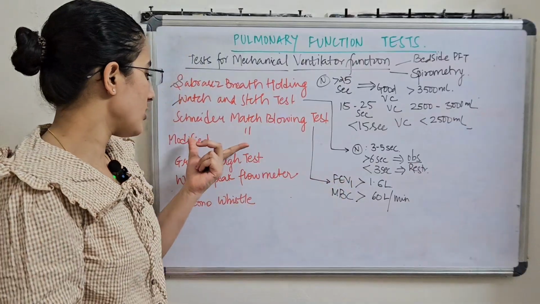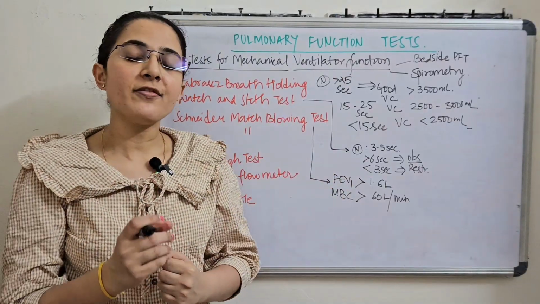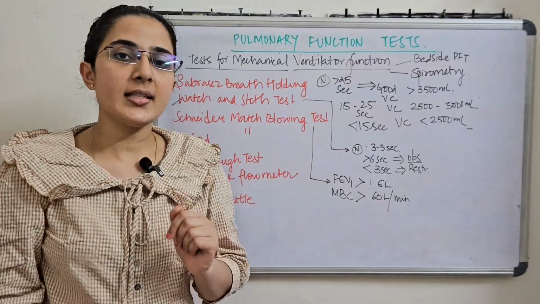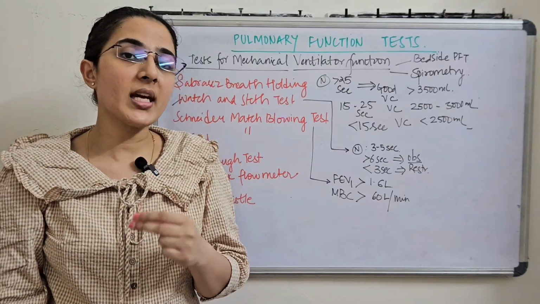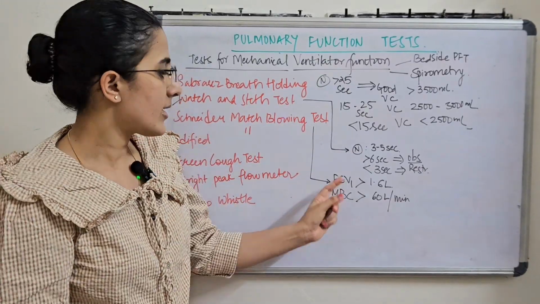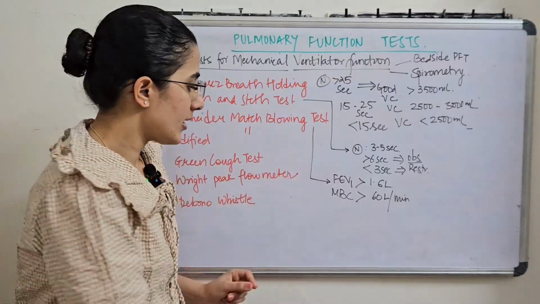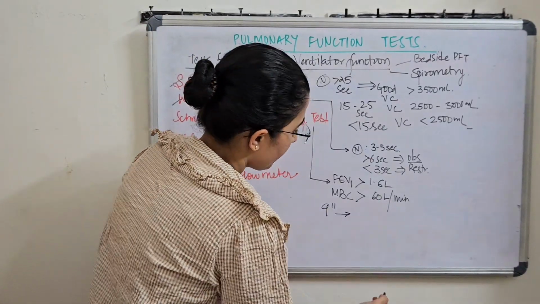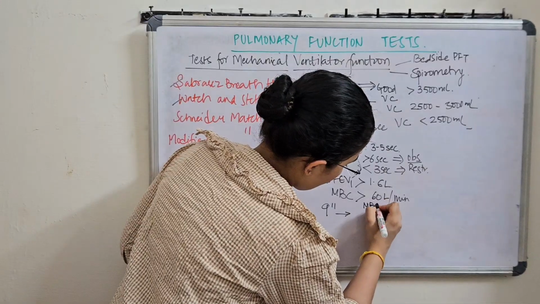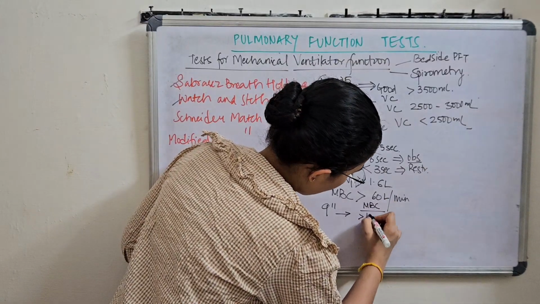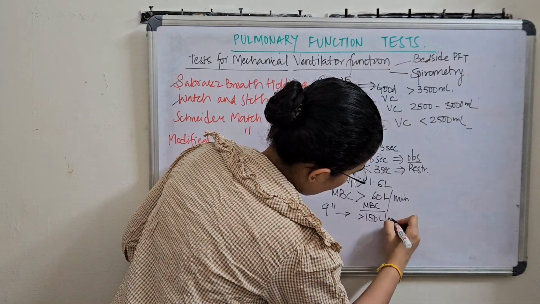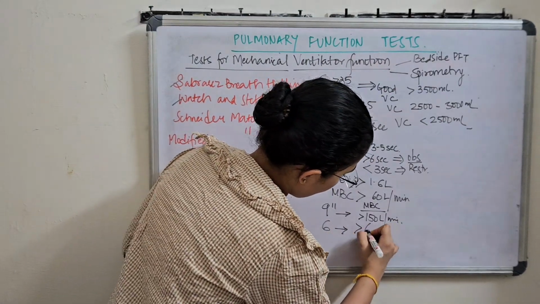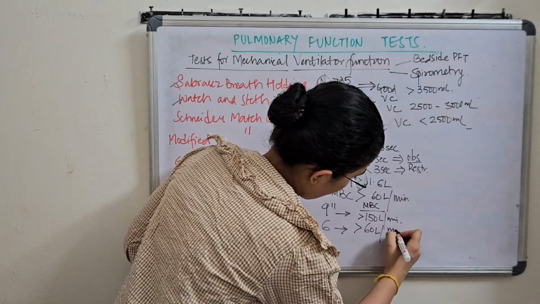So we also have what is called the modified Schneider's match blowing test. In this, we will see the various distances. At 9 inches, if the patient is able to blow, then his maximum breathing capacity will be more than 150 liters per minute. At 6 inches, it will be more than 60 liters per minute.